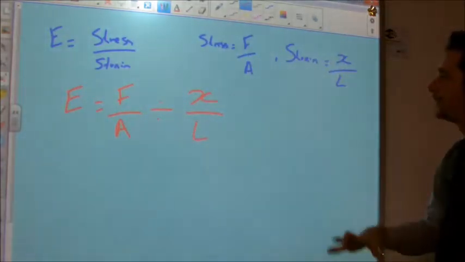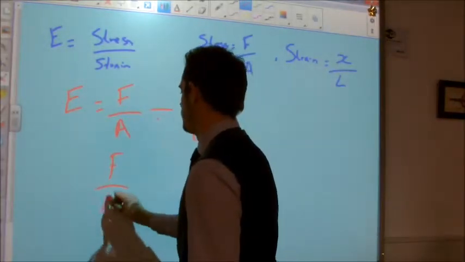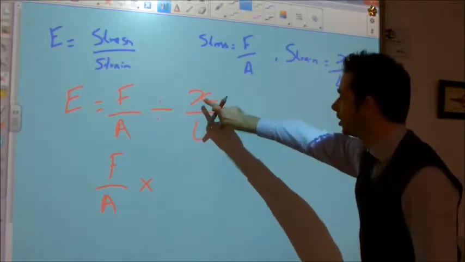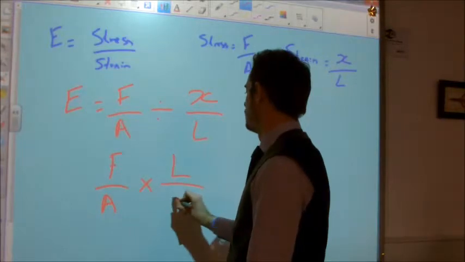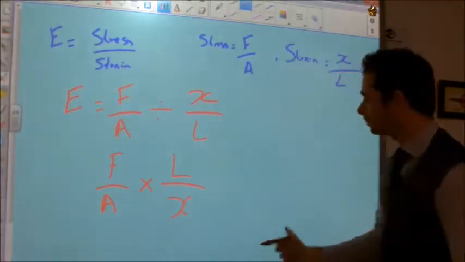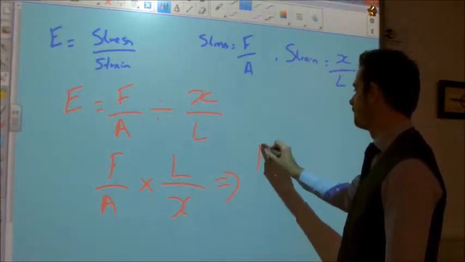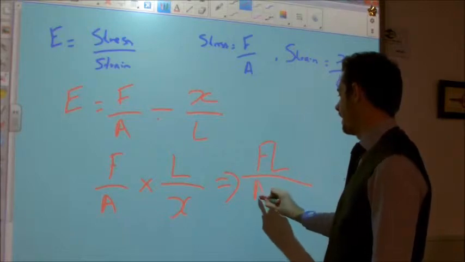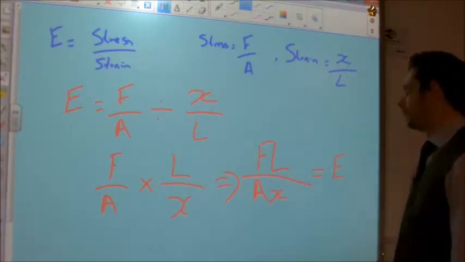Hopefully you've recognised that if we say force divided by area multiplied by, and then we flip the strain quantity, it's multiplied by length over extension, which becomes force multiplied by length divided by area times extension, and that gives us Young's modulus.